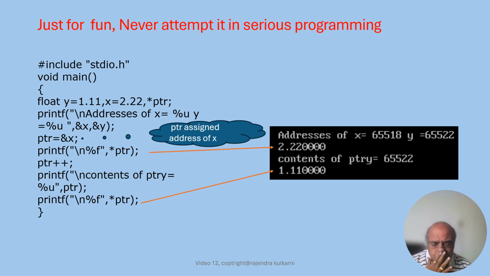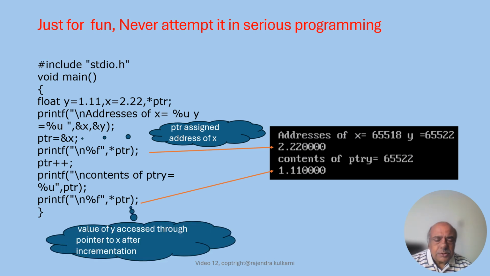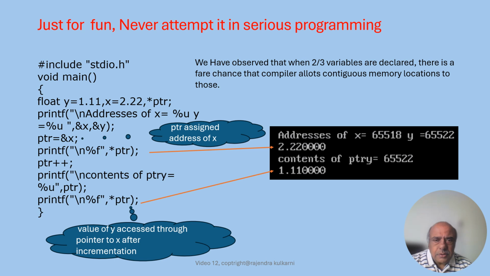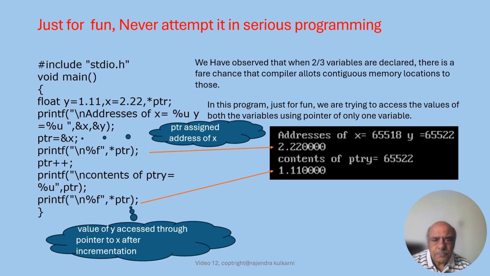because in many small programs which we have attempted up till now, we have seen that there is a fair chance that the compiler allots the memory locations in contiguous memory locations to 2 or 3 variables of the program when the program uses very small number of variables.